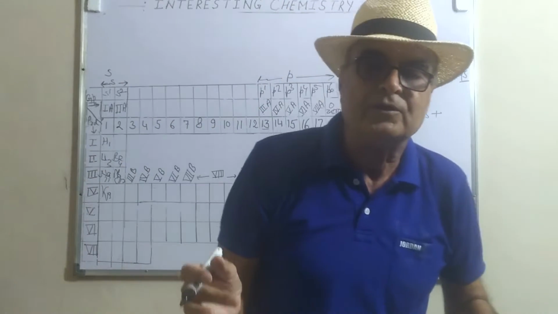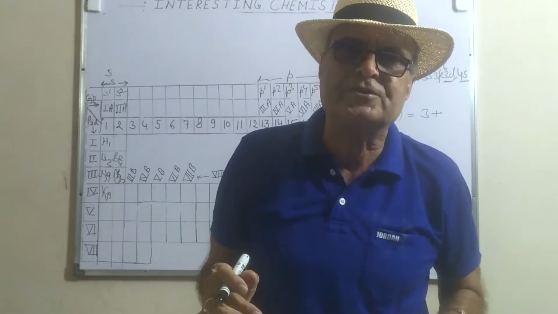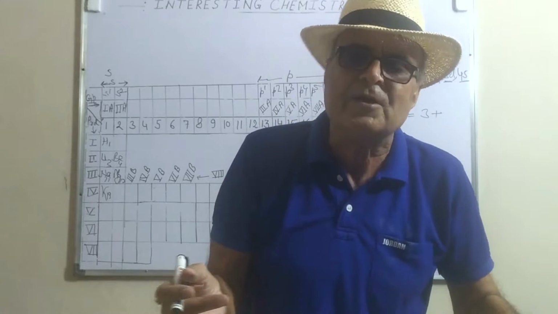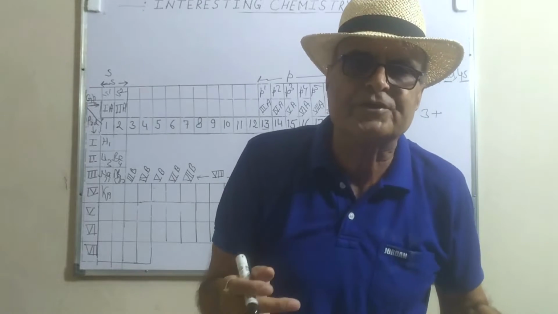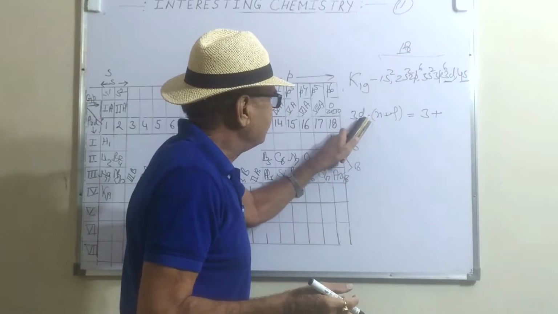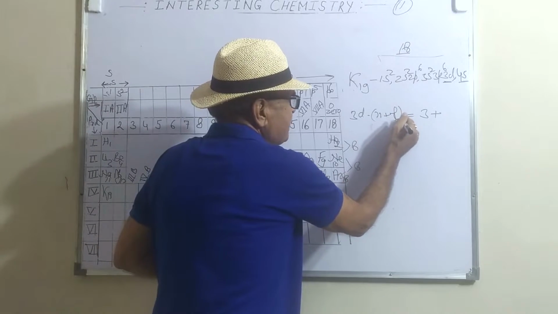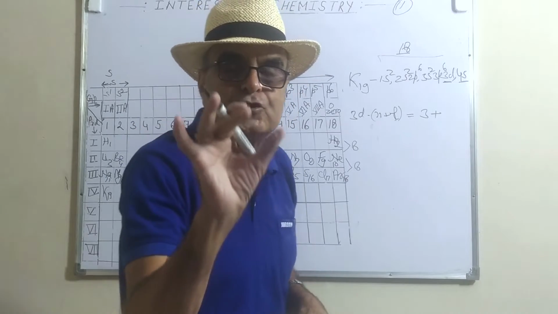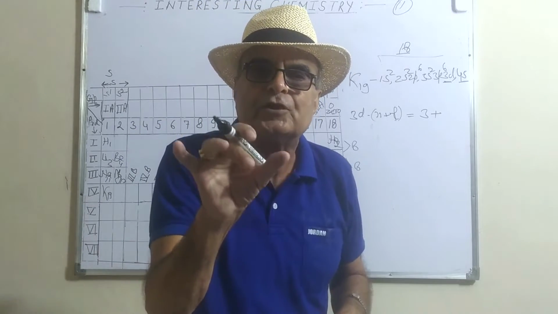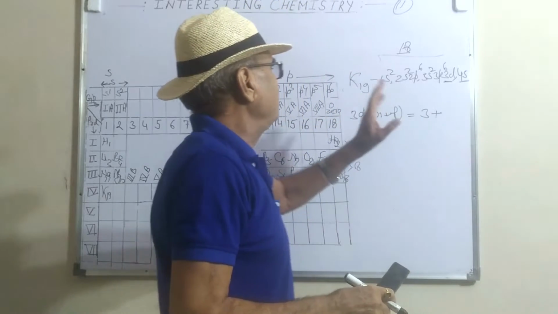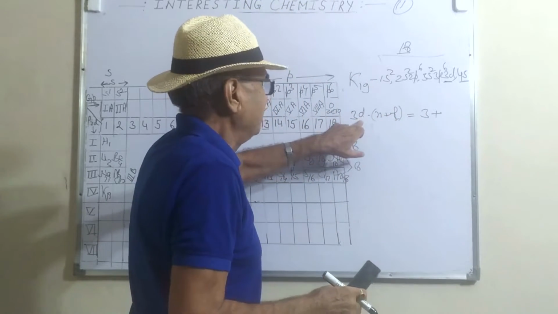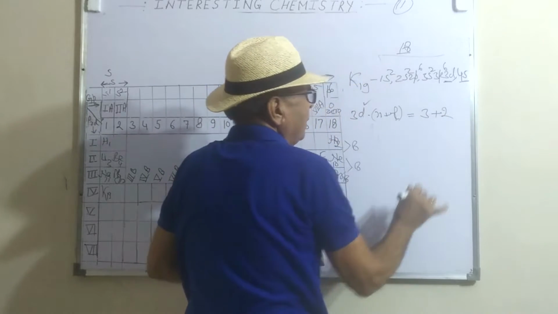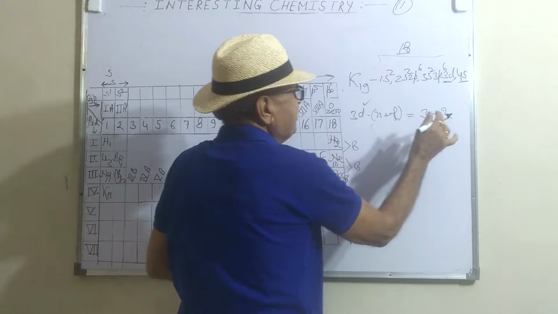Most of the students, I think, knew about this, but for some students who don't know, please try to understand. Here l is the symbol of the azimuthal quantum number. The value of l for d is 2.